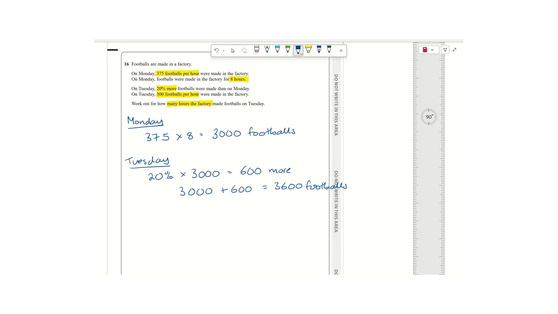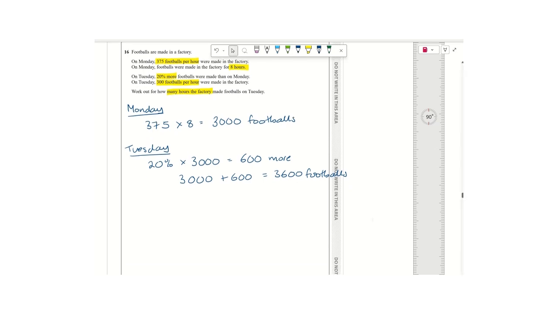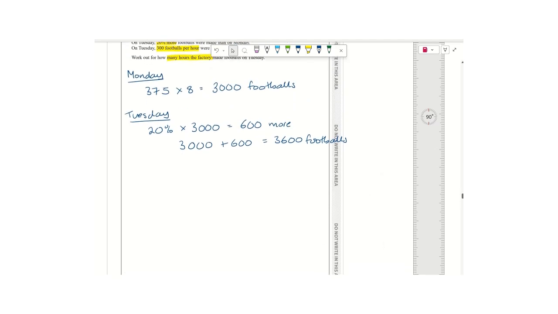And it tells you on Tuesday there were 300 footballs per hour. So 3,600 divided by 300 for each hour is 12. So it was 12 hours of work that they had to do on Tuesday.